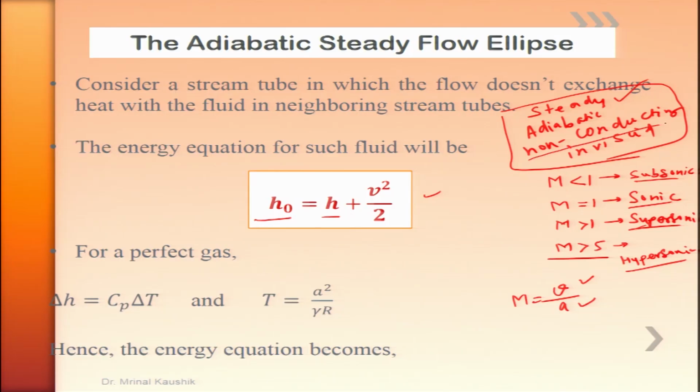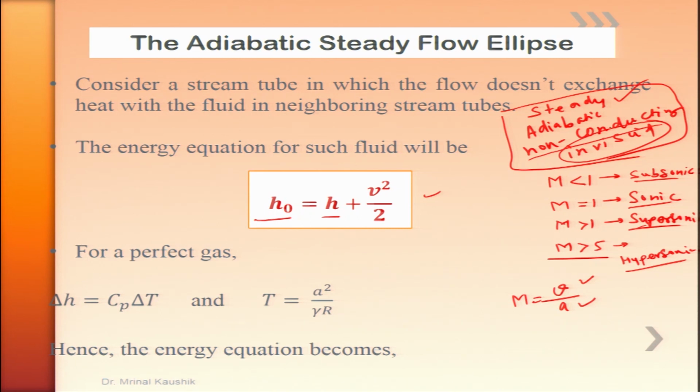The non-conducting means within the flow domain the heat transfer is not taking place. That means the temperature gradients are not such that heat is flowing from one place to another. Second, the flow is inviscid, that is, viscous effects are ignored.